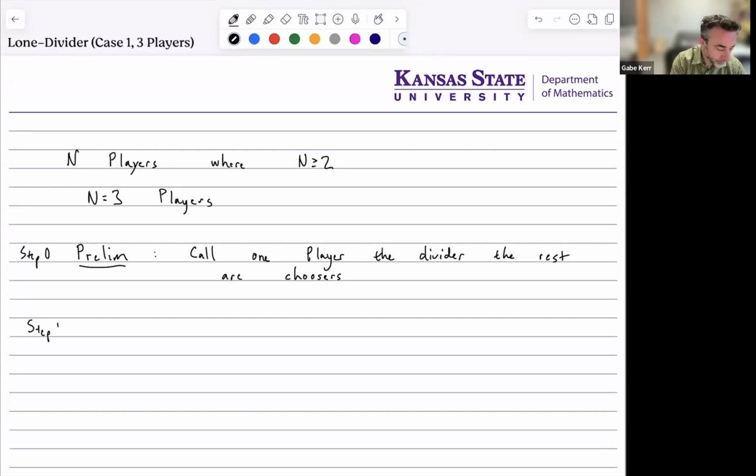Step 1 is called division, and this operates much in the same way as the divider-chooser method does, in that the one divider that's there is going to make a choice of how to divide the assets. So the divider will divide the assets into 3 shares.